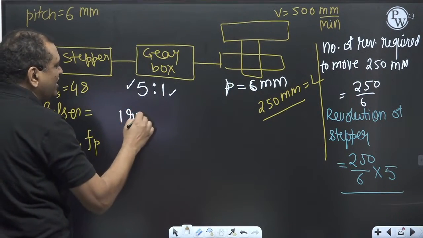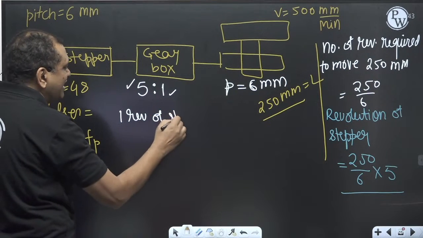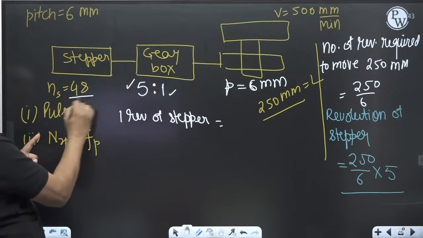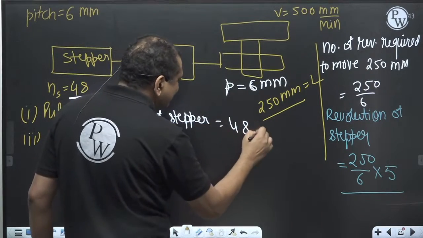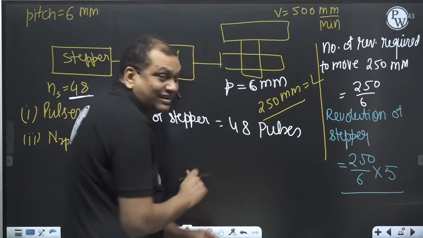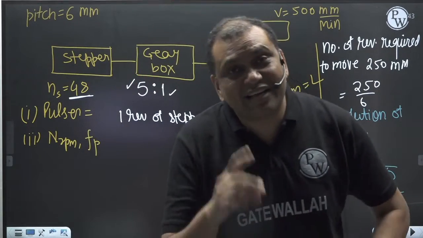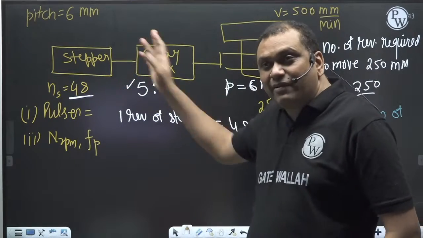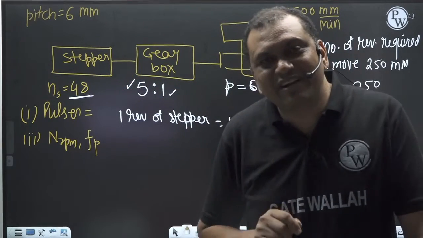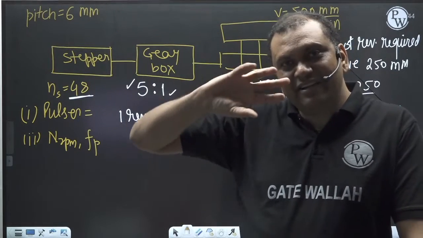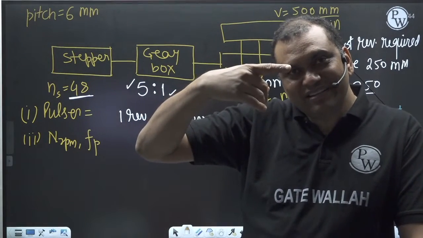1 revolution of the stepper requires 48 pulses. Is that correct? Because the number of slots is 48. It is given in the problem that the number of slots is 48. So when 48 pulses are received, it will complete 1 revolution.